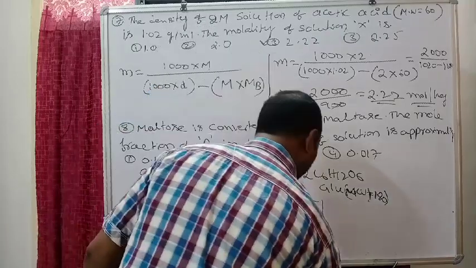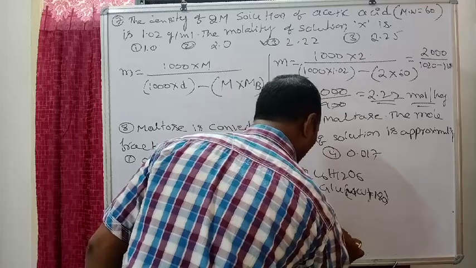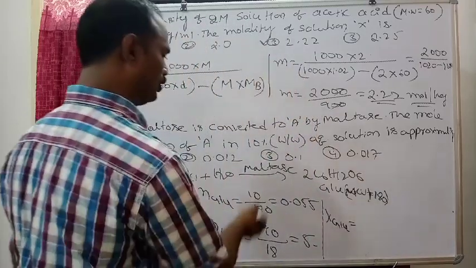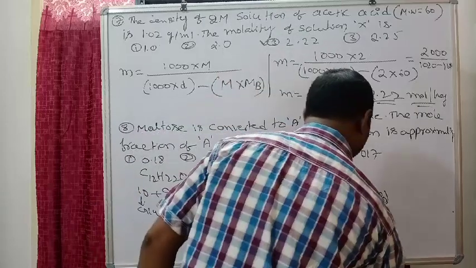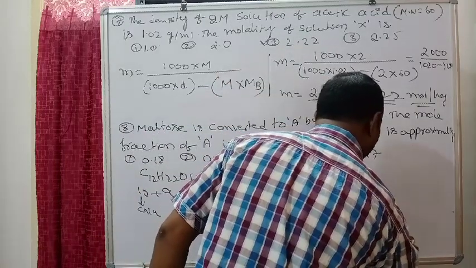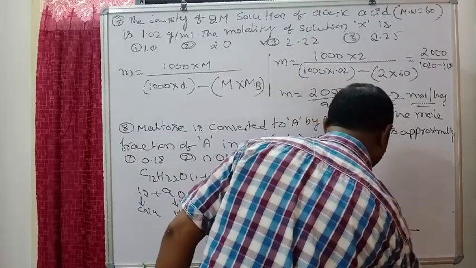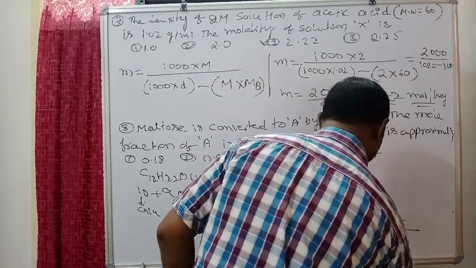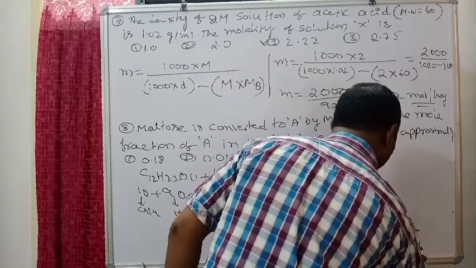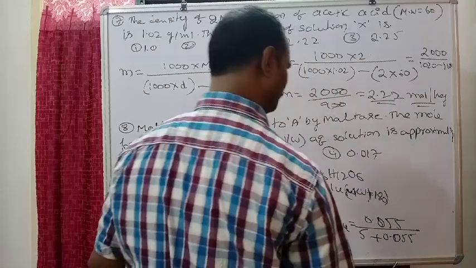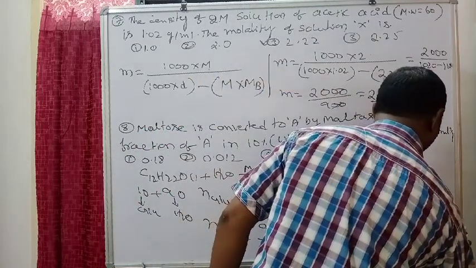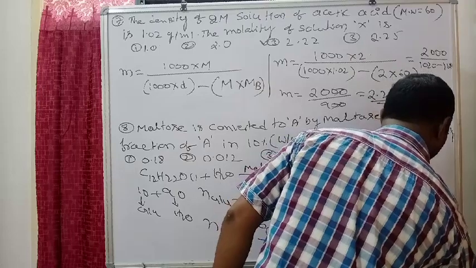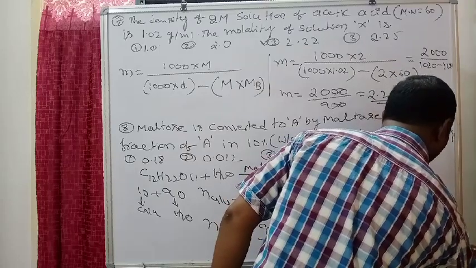Now mole fraction of glucose. Mole fraction of A is nothing but mole fraction of glucose. How many moles are there? 0.055 by water moles 5 plus 0.055, that is 0.055 by 5.055.